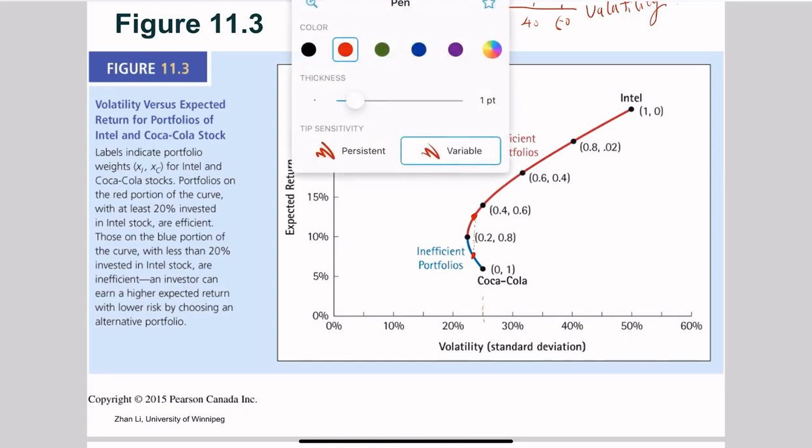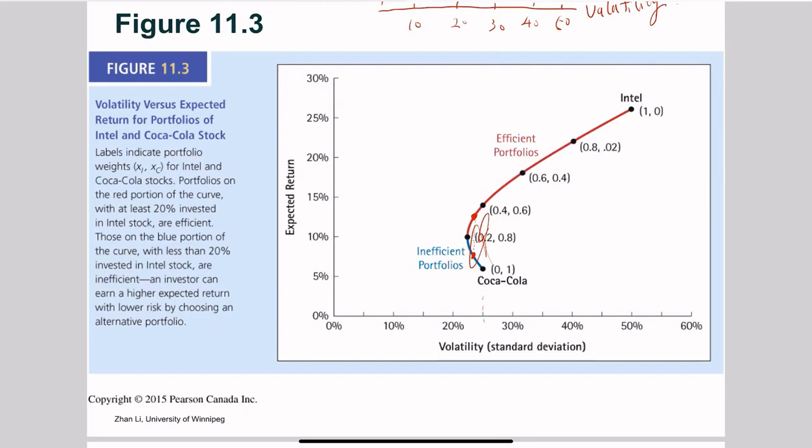And you can also see that portfolios on the red curve, they are efficient because there's no way you could find a portfolio which has the same volatility as the portfolio on the red curve. However, with a higher return, right? You cannot find such a portfolio.